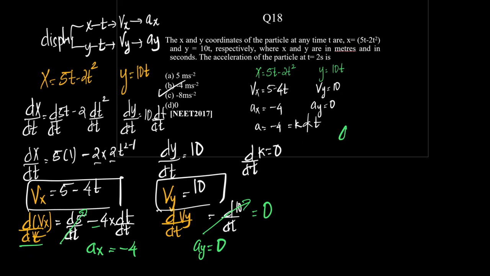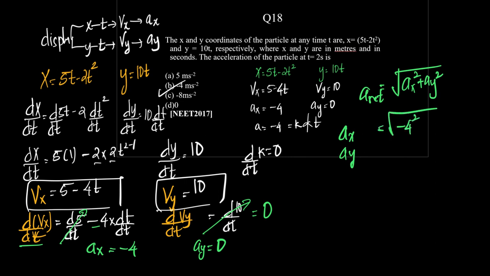So if a vector has two components, ax and ay, then what is the net vector? The net magnitude is the root of ax square plus ay square. So this will be equal to root of minus 4 the whole square plus 0 square. So a net here is equal to 4 meter per second square.